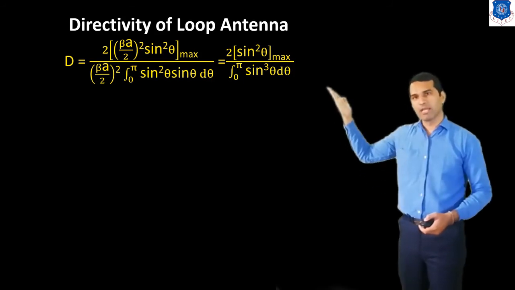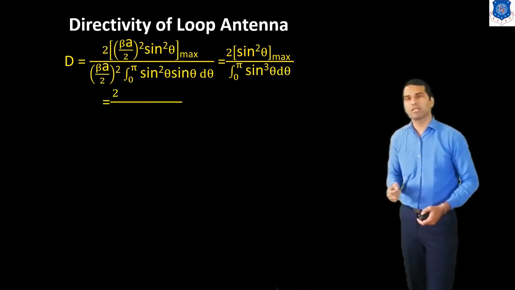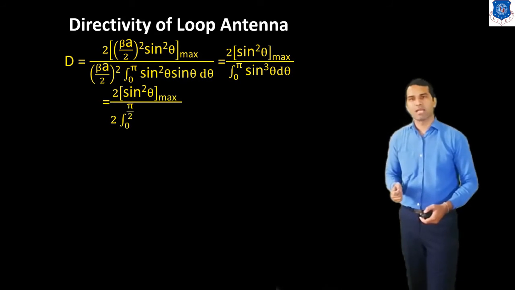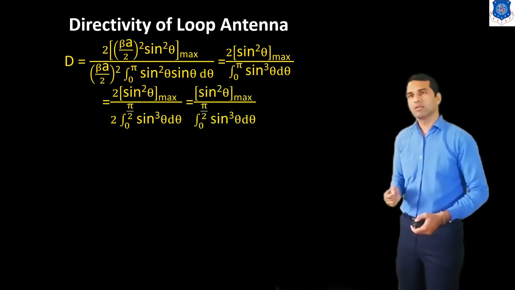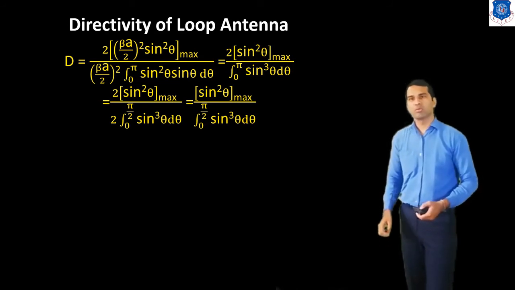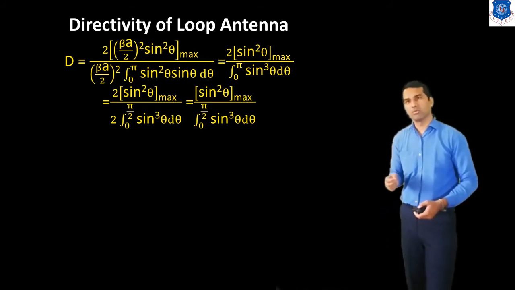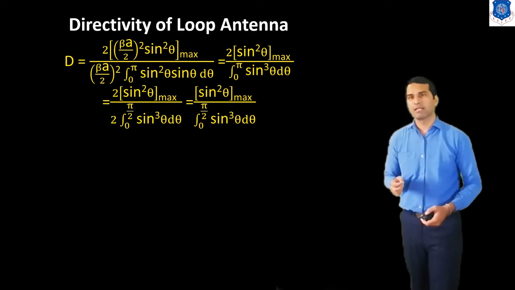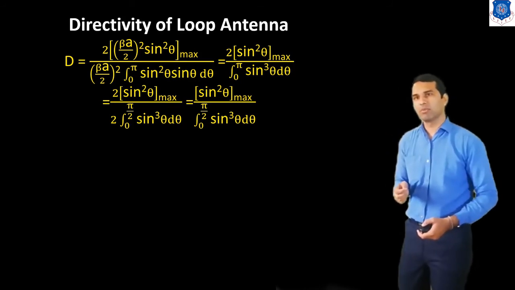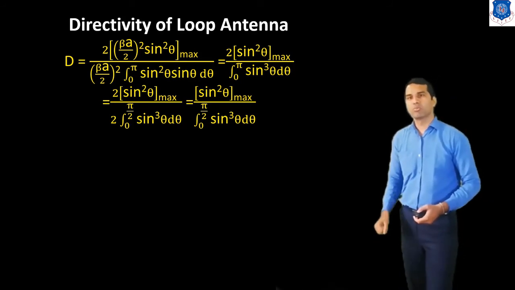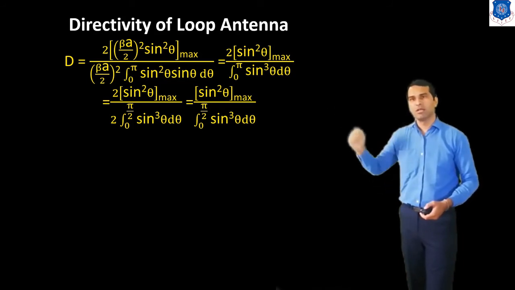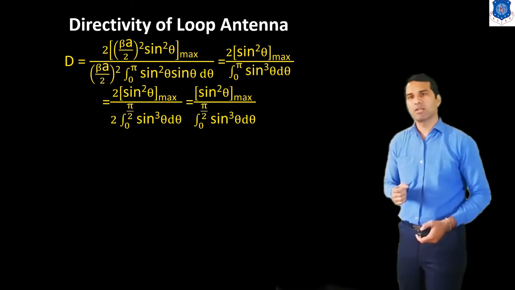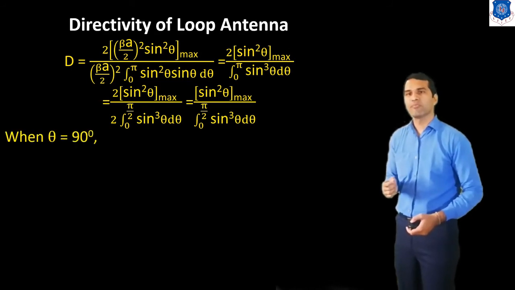So simply we get 2 sin square theta over 0 to pi sin cube theta. Now we solve this equation. We write 2 sin square theta in the numerator, and the denominator we have multiplied by 2, so 2 times 0 to pi by 2 sin cube theta d theta. When we simplify this, the 2 cancels, giving sin square theta maximum upon 0 to pi by 2 sin cube theta.